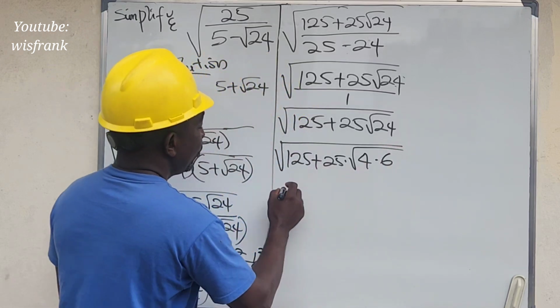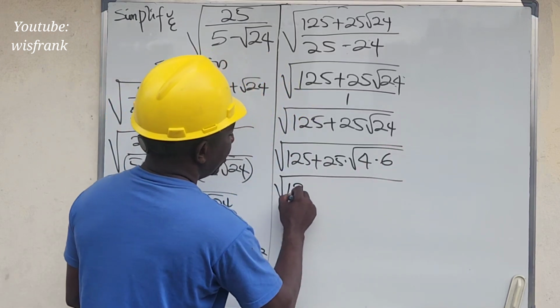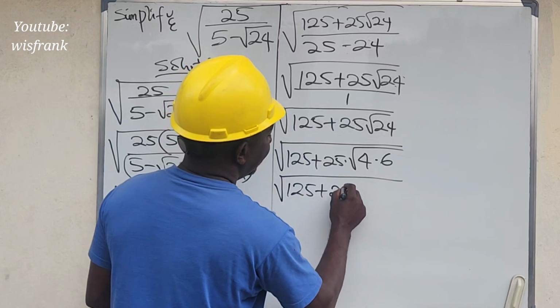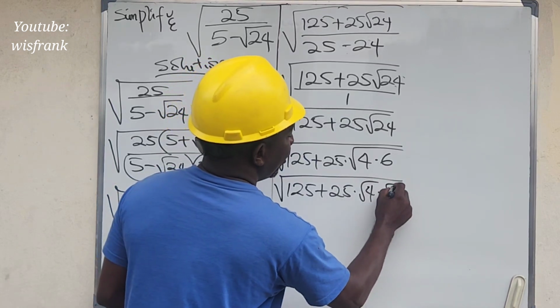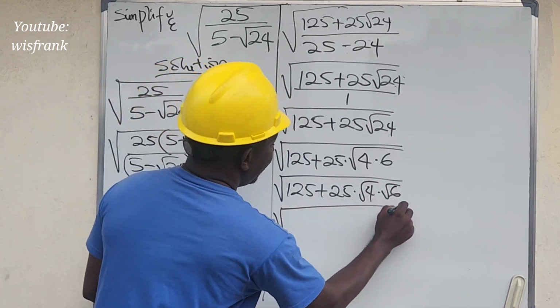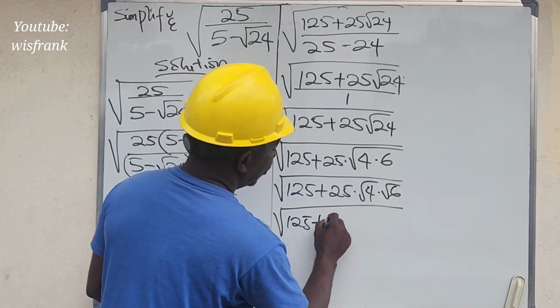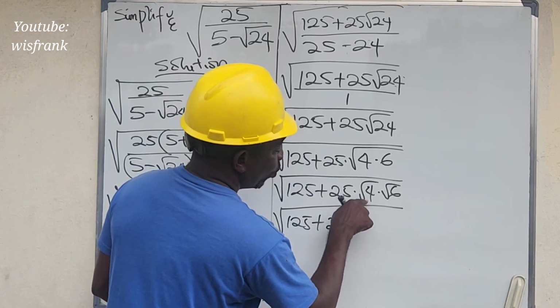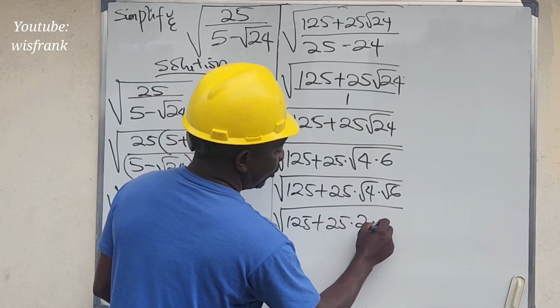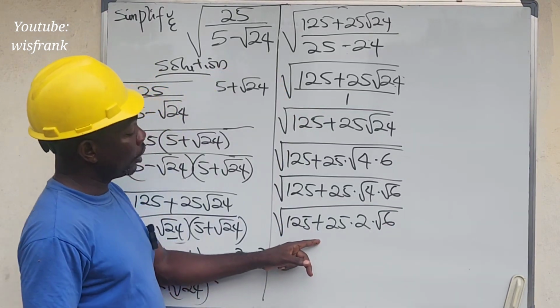So here this will give us square root of 125 plus 25 times square root of 4 times square root of 6. This is the same thing as square root of 125 plus 25 times 2 times square root of 6. So this is what we have.